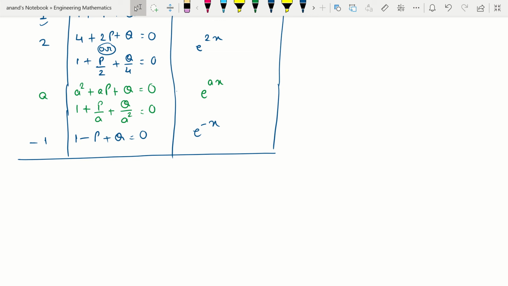So let us see again how to find one part of complementary function.